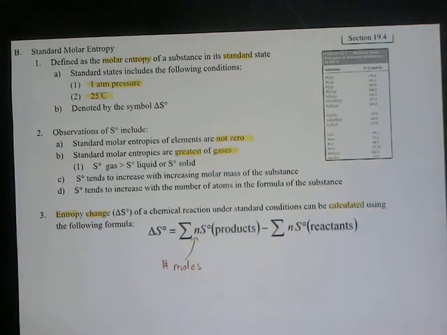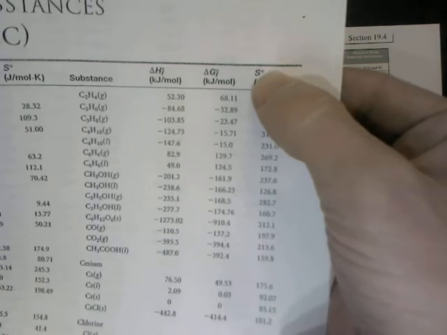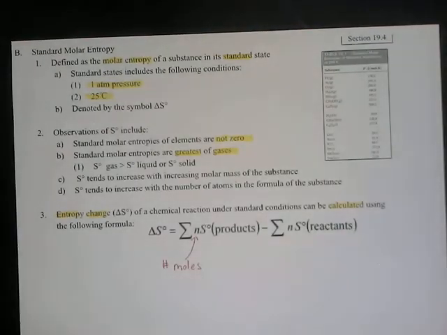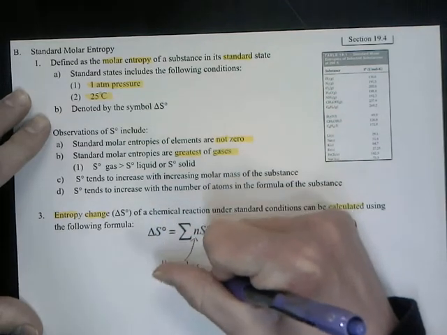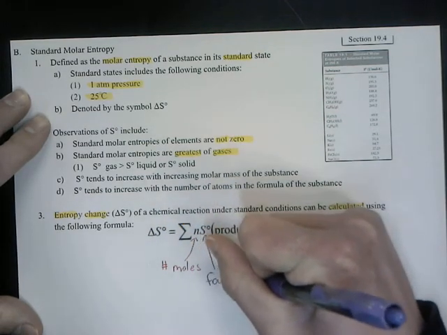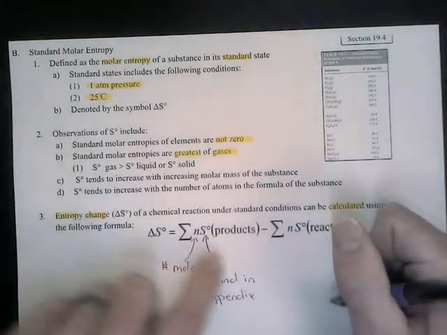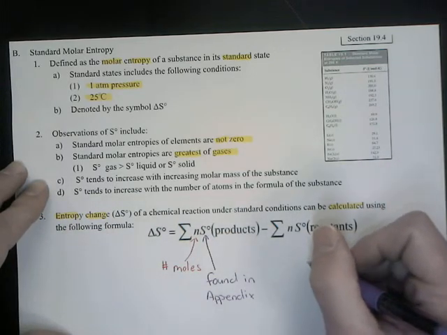Your S is your standard entropy, which can be found in our Appendix C. If we look under here, we have the standard entropy, S with the little degree sign, and it's listed for our compounds, very similar to delta H. So I'm going to say found in Appendix C. And then you have products minus reactants, so we have to keep that in mind as well.